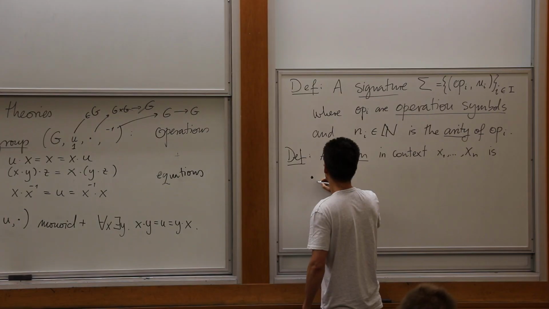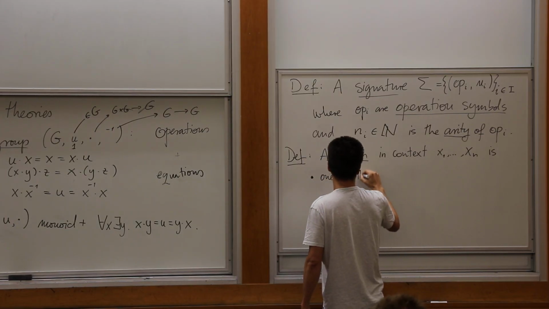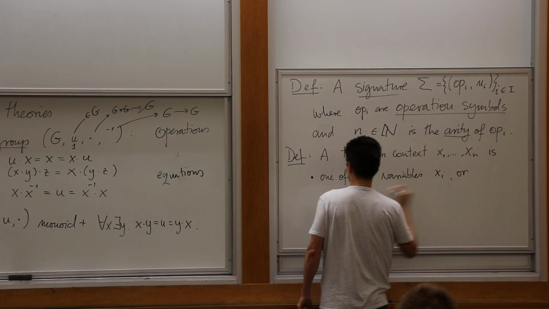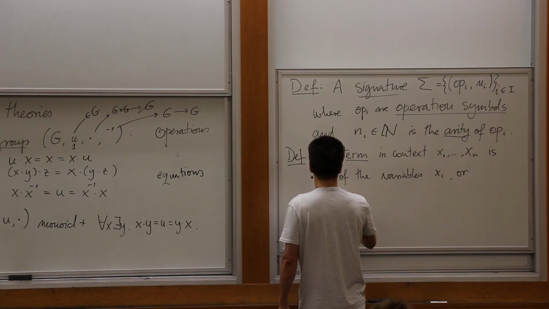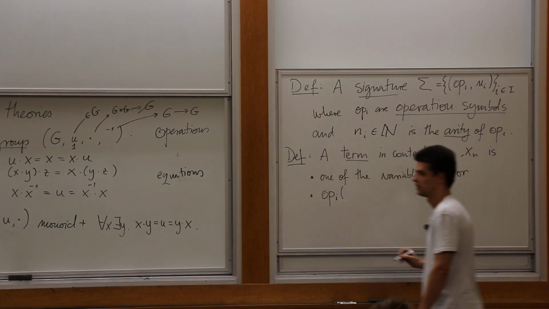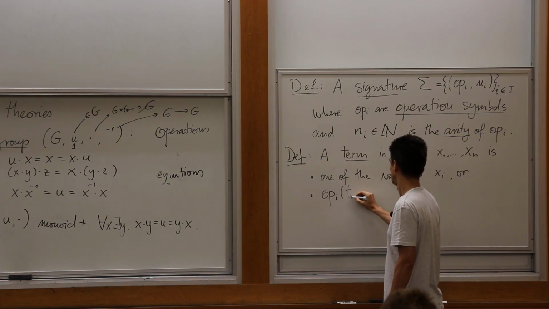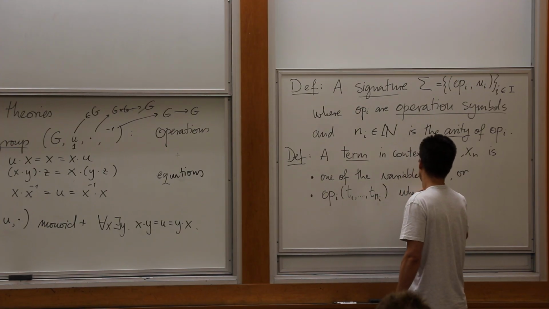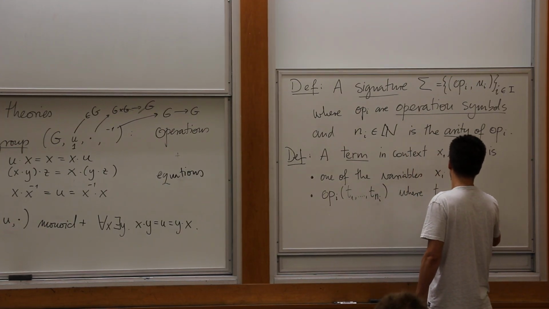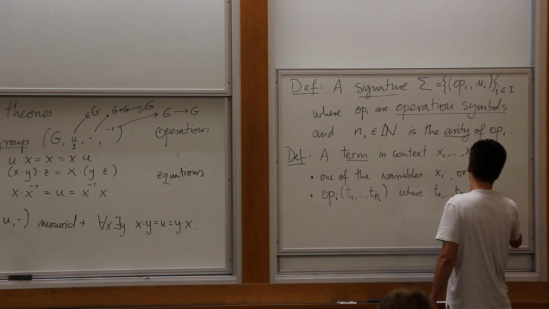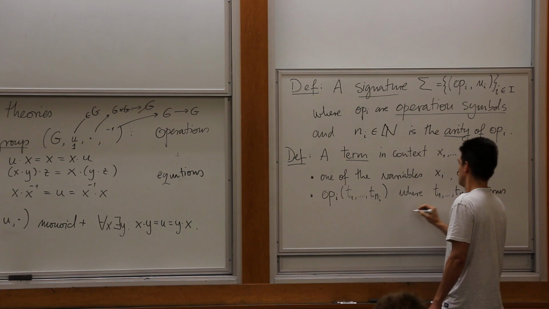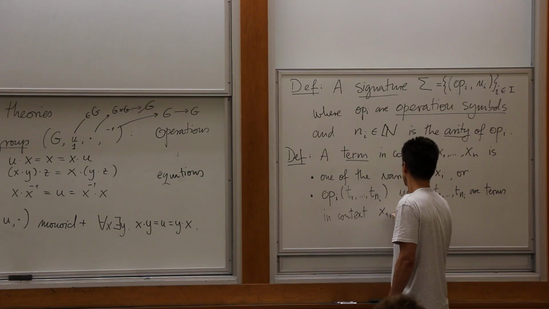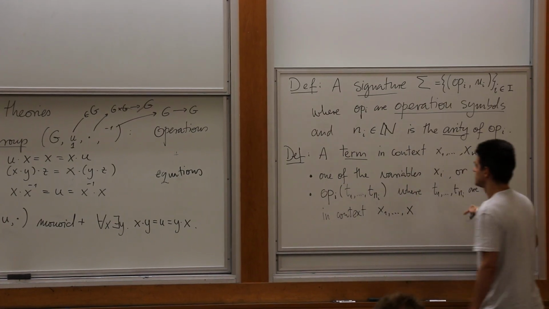It's either one of the variables xi, or it's one of the operations applied to some terms t1 to tni, where the t1 to tni are terms in the same context, in context x1 up to xk.